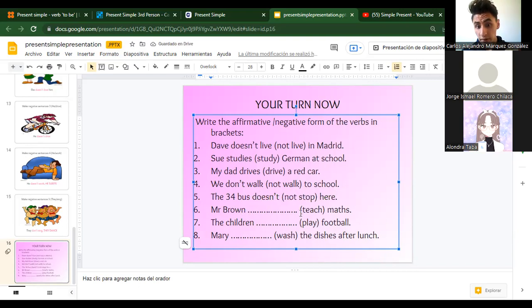Mr. Brown, do you have any idea about this one? Here we have the verb.